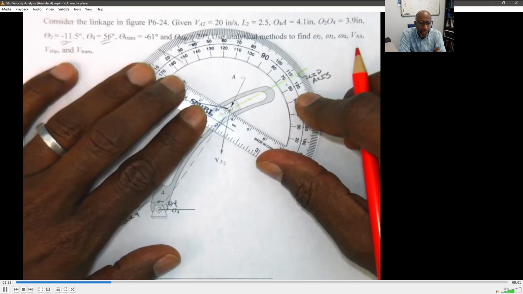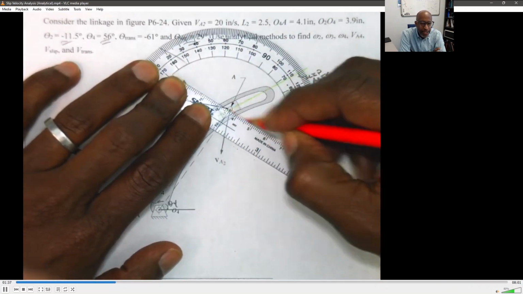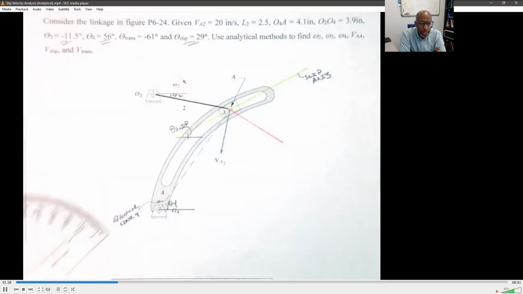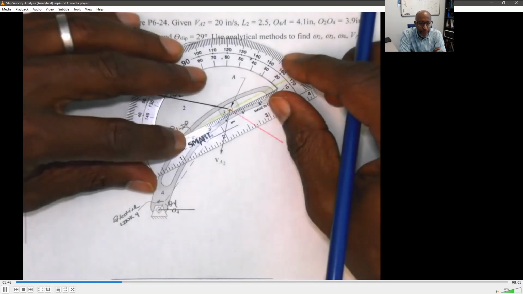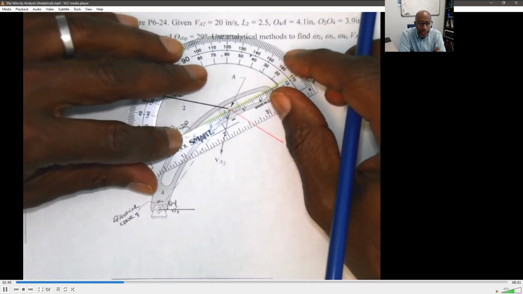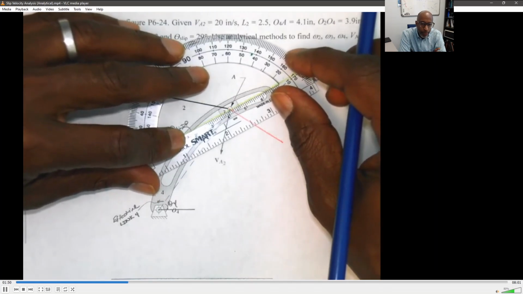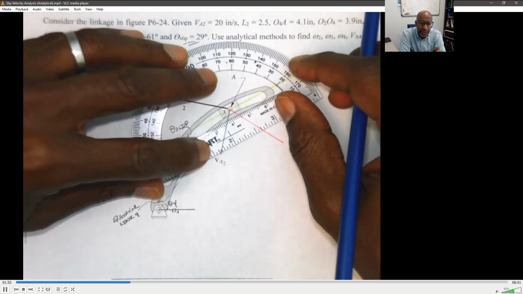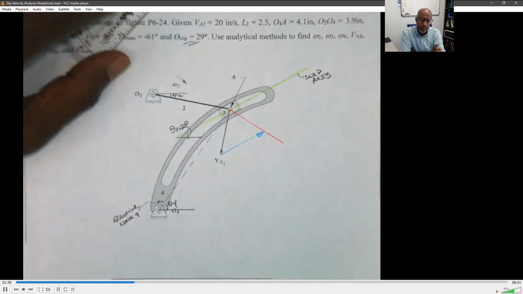Going to go ahead and draw in our VA4. It starts at A and is always perpendicular to length 4, in this case, perpendicular to effective length 4. We've drawn it in here in red. Now, parallel to the axis of slip is VA42, which we're drawing in blue.